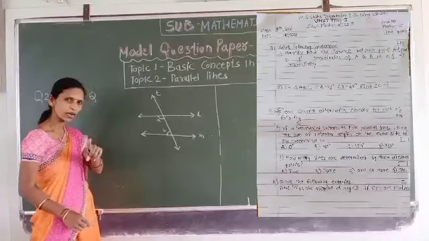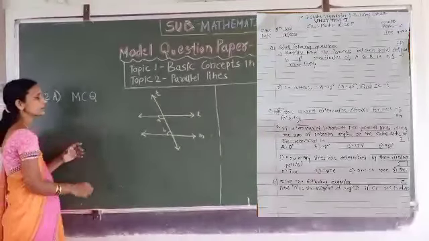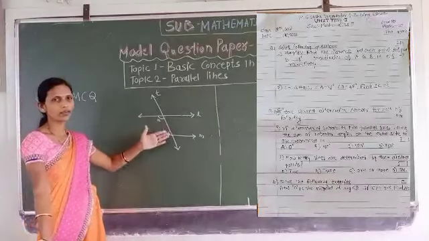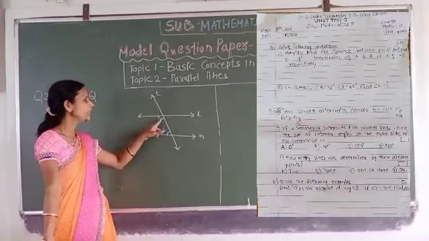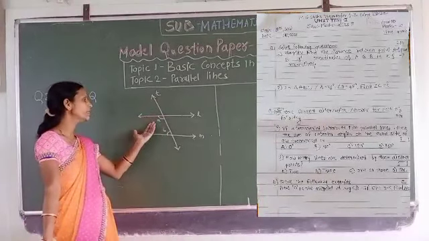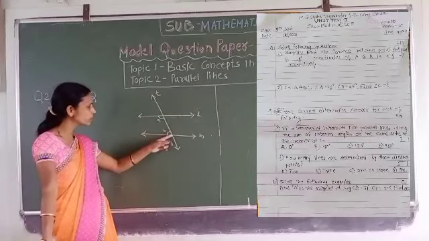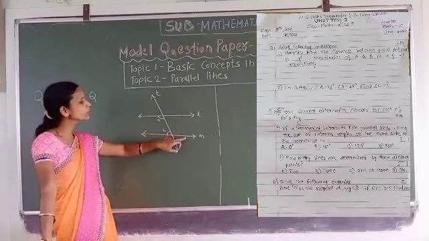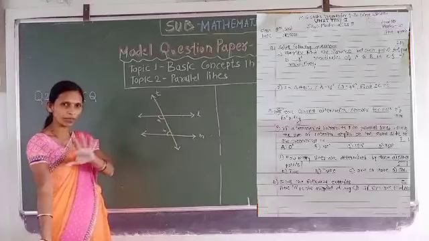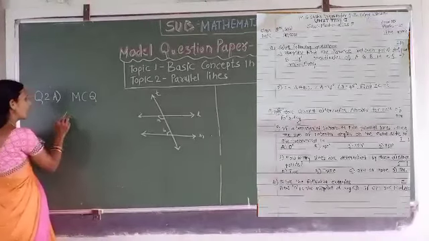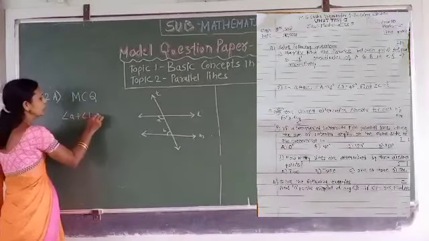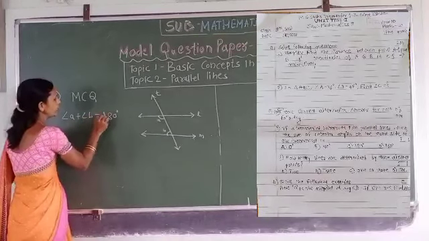If those lines are parallel, then by the property of interior angles, the interior angles formed on the same side of the transversal which intersects two different parallel lines are supplementary. That means angle A plus angle B is equal to 180 degrees.